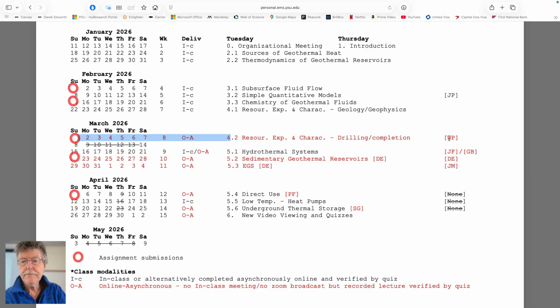You already have listened to Justin Pugnacek, who's in Belgium, working on sedimentary, shallow geothermal deposits below the boom clay.